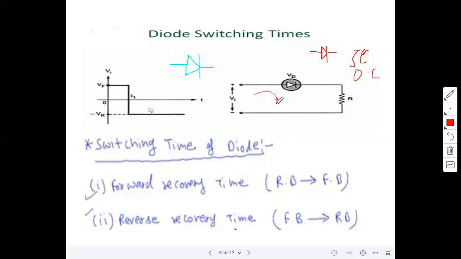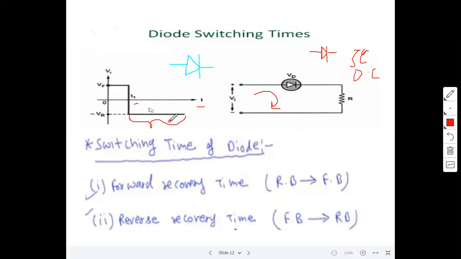Observe here, at t equal to T1, the input suddenly changes from VF to minus VR.